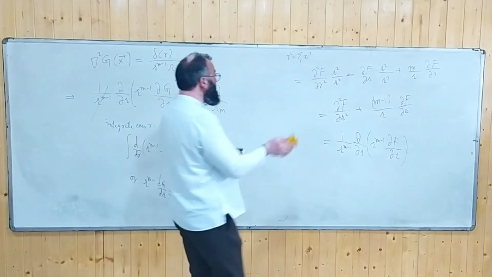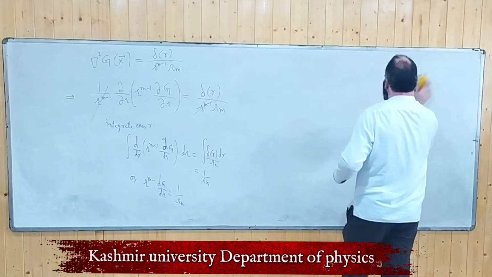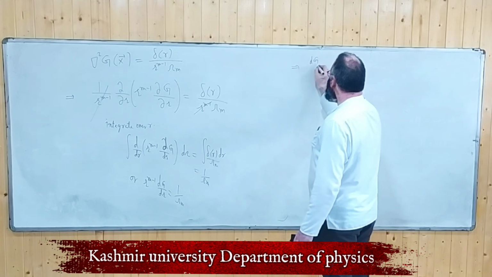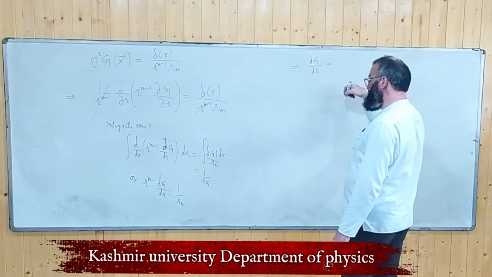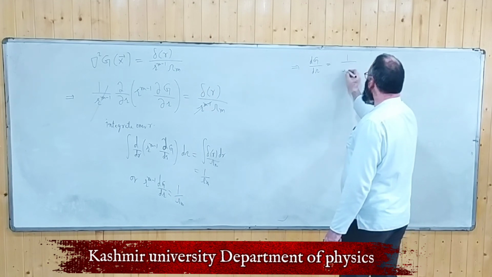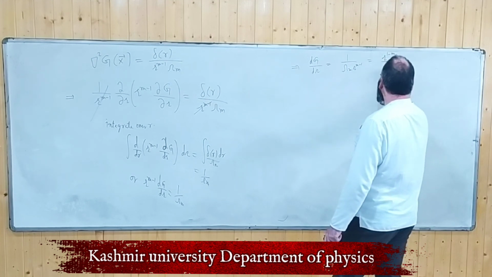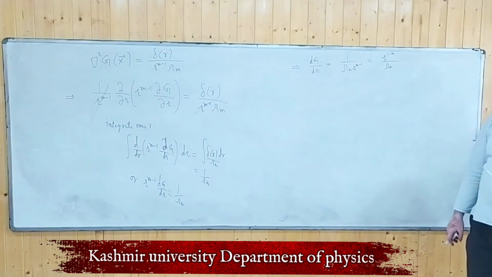Now you take r raised to the power on the other side, which implies you now have a simple differential equation: dg by dr equals 1 divided by omega m, r raised to the power 1 minus m. Got it?